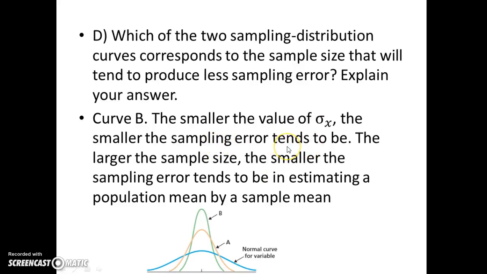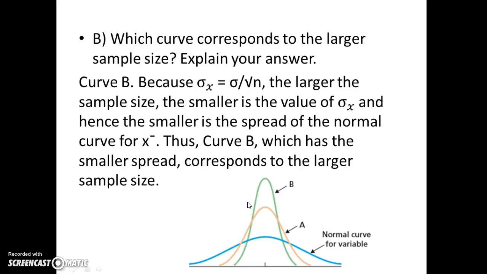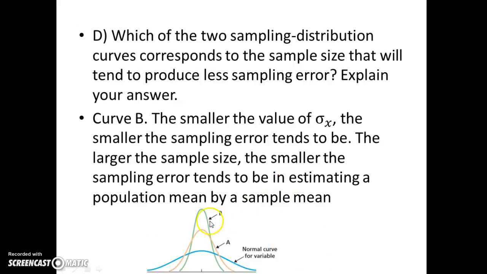And to get the standard deviation small, the sample size should be large. Because in the previous question we found that B has a larger sample size, it has a smaller standard deviation. If it has a smaller standard deviation, then it has a smaller sampling error.